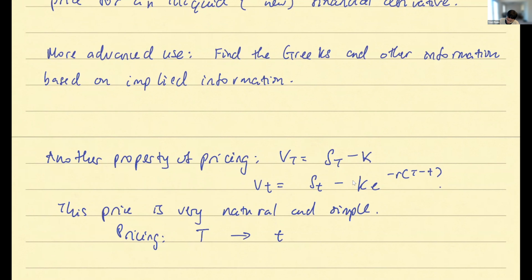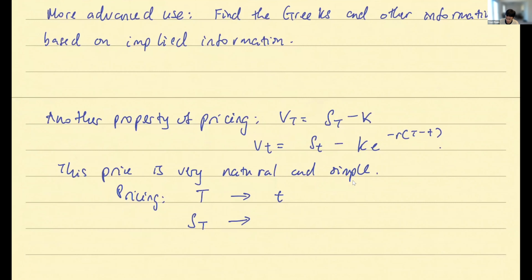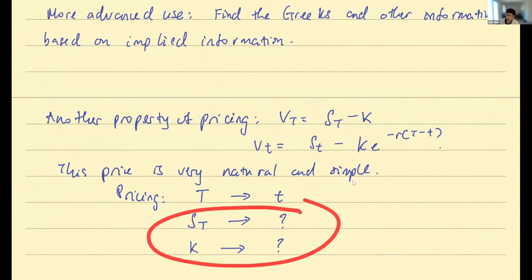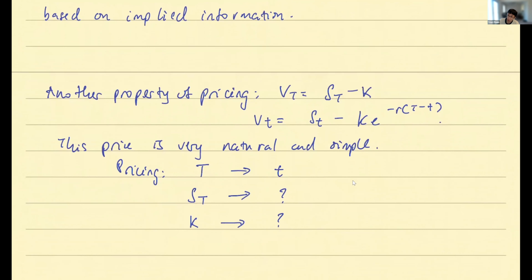So now the future value of the stock is worth how much in terms of current value, and the future value of a piece of cash is worth how much in present value? Can anyone tell me? In other words, if I have a derivative like this, what is its current value? And if I have a derivative like this, what is its current value?